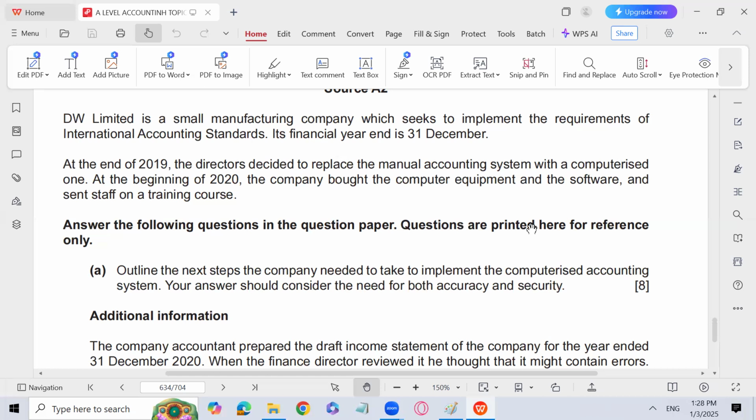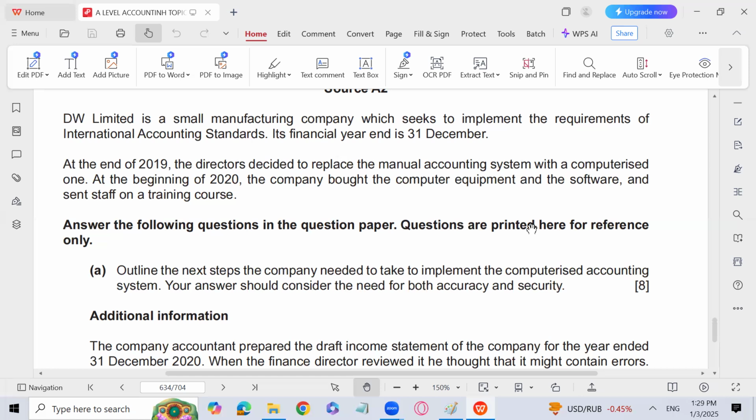So we should be very clear that we have done enough in the manual accounting system and that it is showing a true and fair view so that it can be converted into the computerized accounting system. Because the data you are going to enter for the first time, the computer will take the data accordingly. And the procedure of the computer equipment or the software will run according to that data.